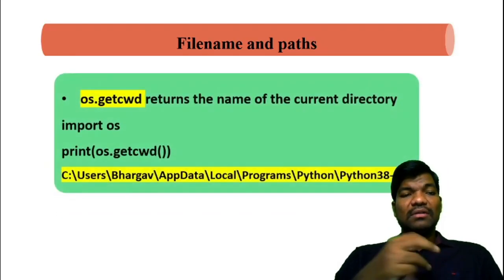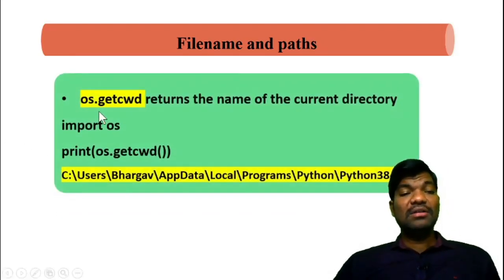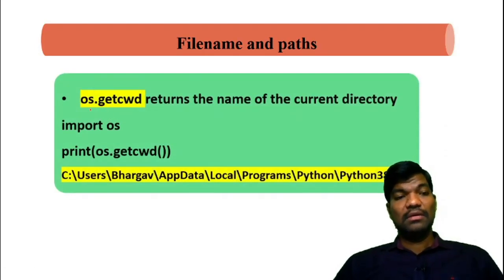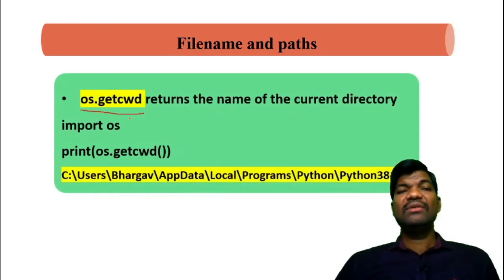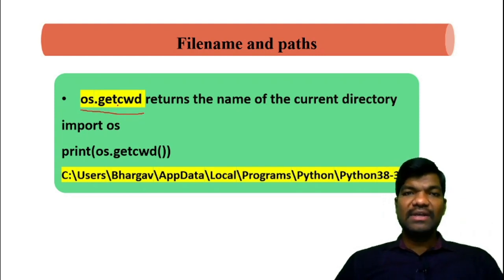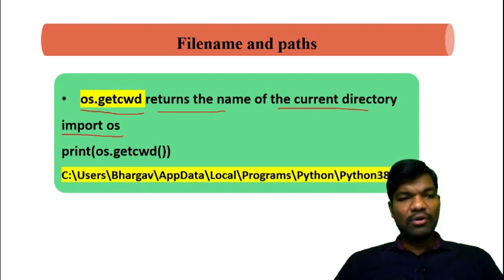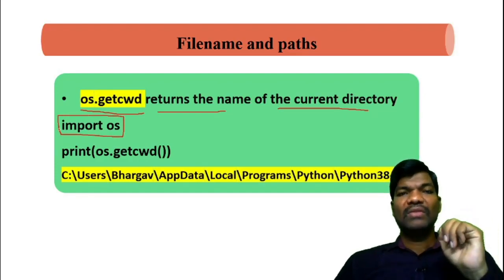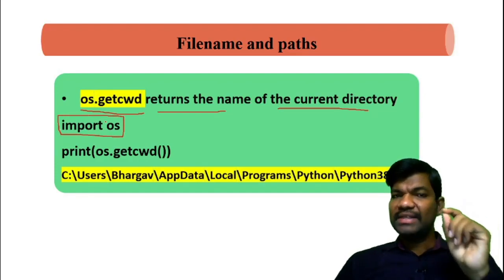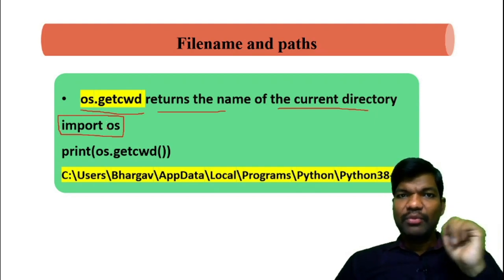Now, see here, os.getcwd. CWD stands for current working directory. It returns the name of the directory. First, import os. We need to import the os module, right? I already told you that os is a module, so we need to import the modules first.